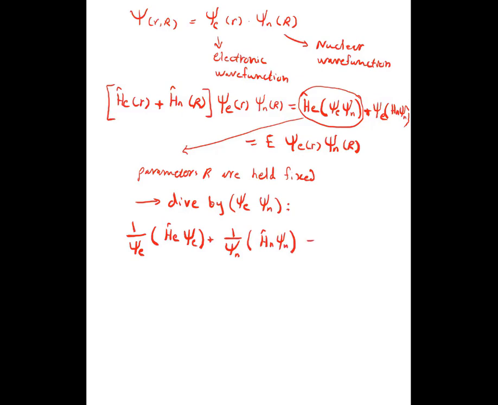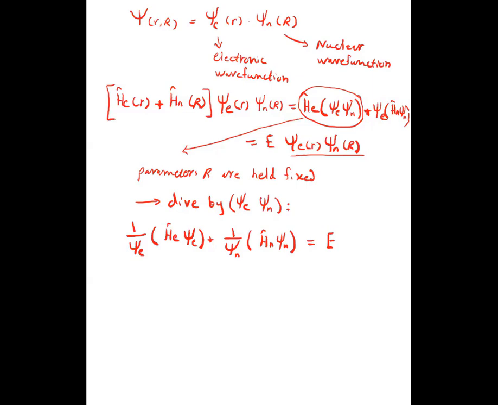And this is equal to the energy E. The electronic Hamiltonian applies to psi e, with the nuclear coordinates held fixed as parameters, but in the last term the nuclear Hamiltonian Hn operates over psi n.